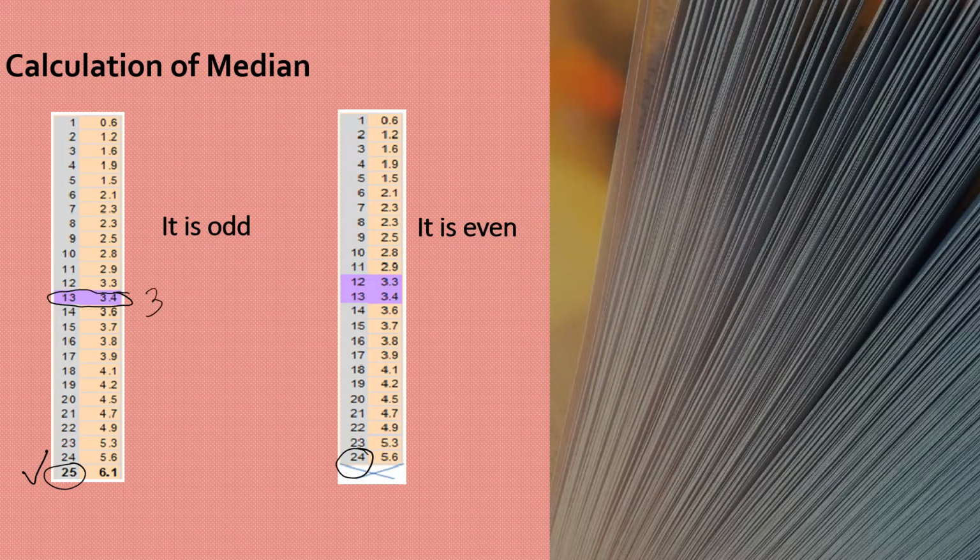So that middle term, 3.4, will be the median. When it is even, we get two middle terms. The average of those two, that is 3.3 plus 3.4 divided by 2, add them up, divide by 2, that 3.35 will be the median.